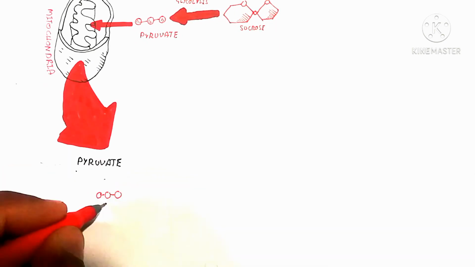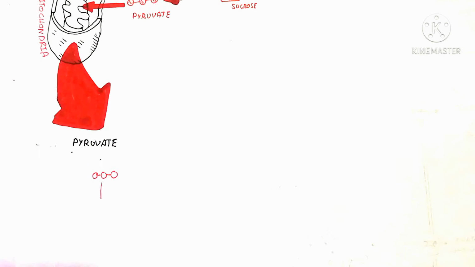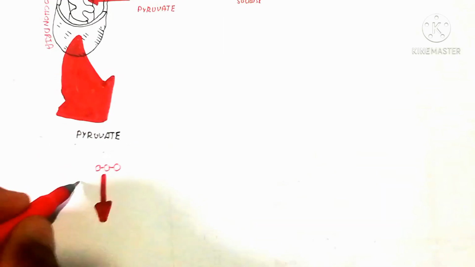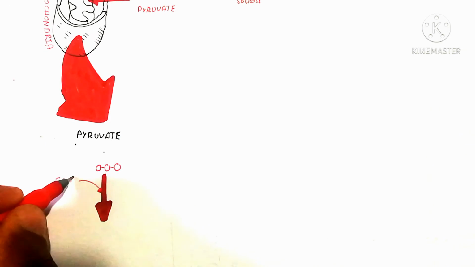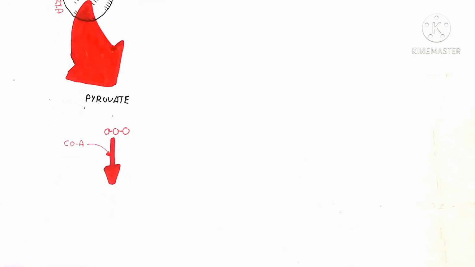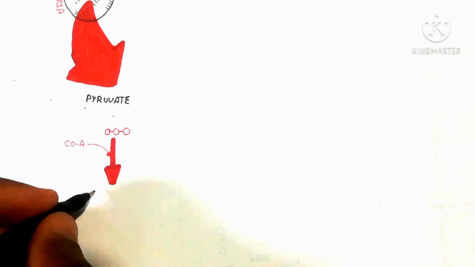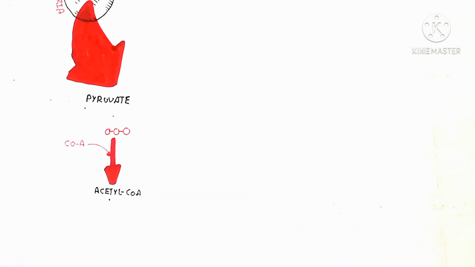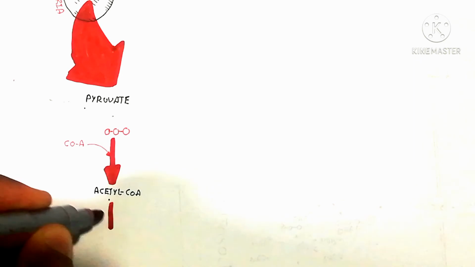So that goes into the mitochondria to produce acetyl CoA. Here we will discuss the pyruvate. It is a 3 carbon containing molecule which attaches to the enzyme CoA, and this produces acetyl CoA.